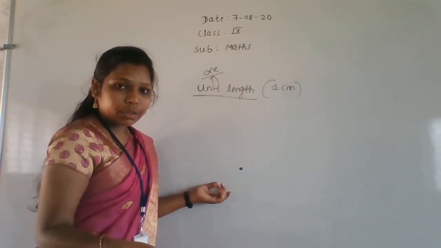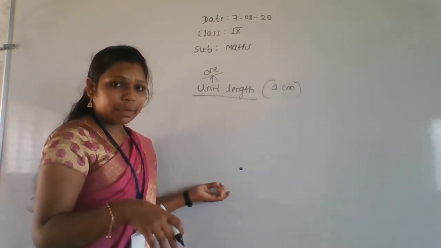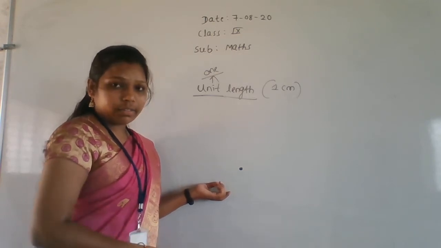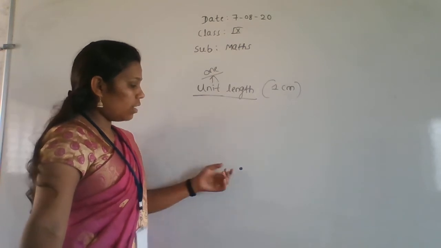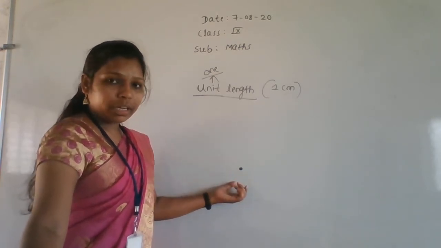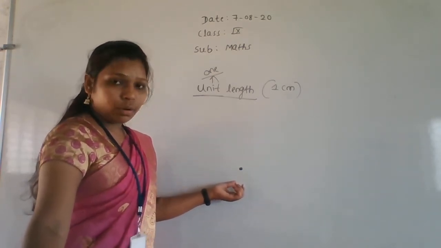If you are in a classroom, I can show it on paper, but I am unable to show it here. So I am doing this problem on the board. Please go through that.